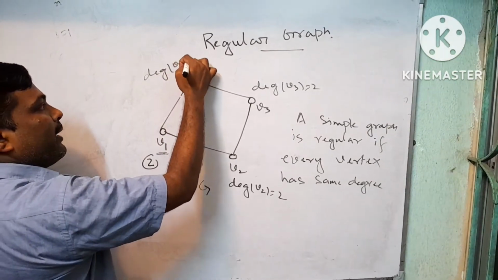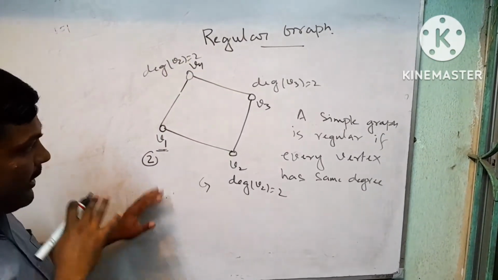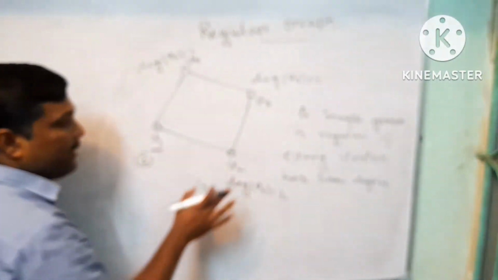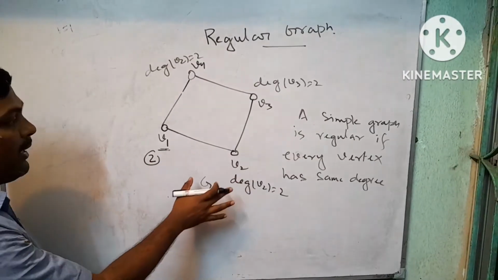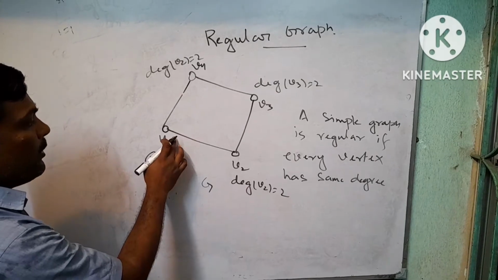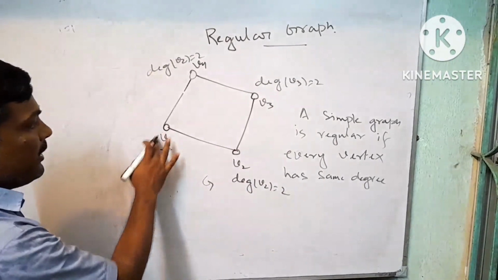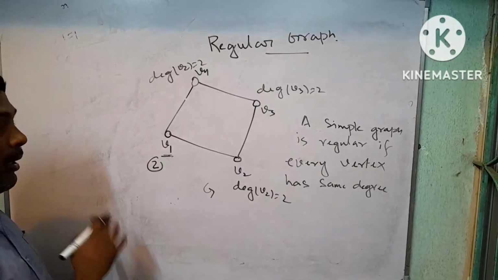So each and every vertex has the same degree. So this is a regular graph. A simple graph is regular if every vertex has the same degree. This is one example of a regular graph.